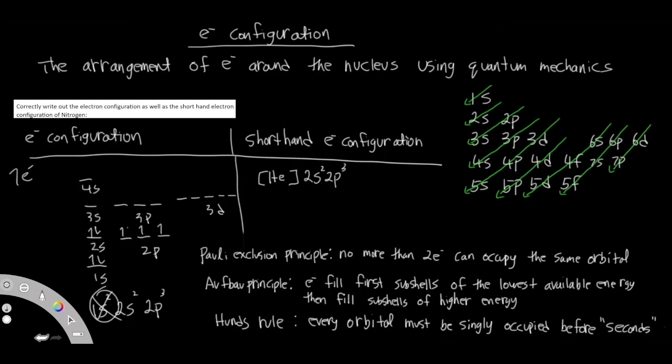So as you can see here, we cannot do anything more than that. If we were to add 3 more electrons, then you would have to move on to your next available energy level. Just like before, we've established 2 here, and 2 here, and then we just moved on, because no more than 2 can occupy the same orbital.